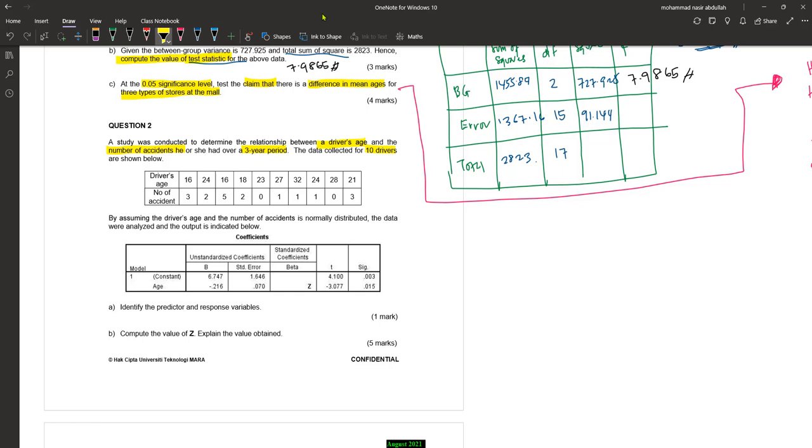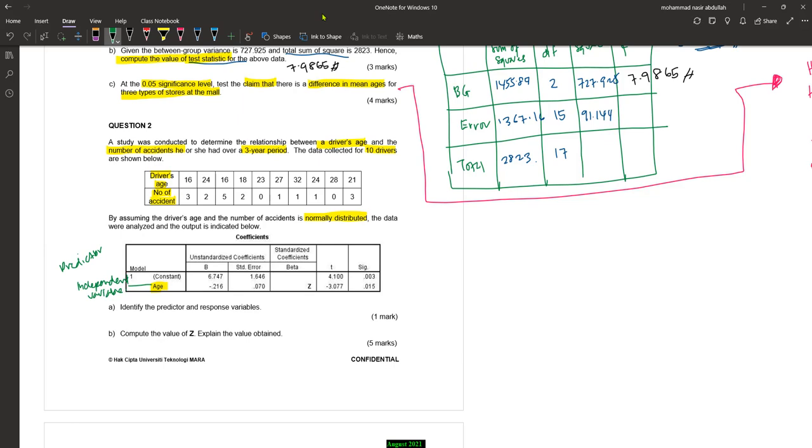Here they also give the coefficients, for driver age and number of accidents. By assuming the driver age and number of accidents are normally distributed, the data were analysed and the output is indicated below. In this table there is age, which means age is the predictor, or independent variable, also known as the predictor variable.